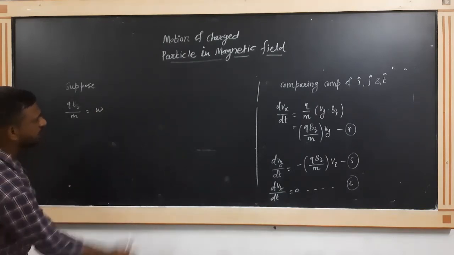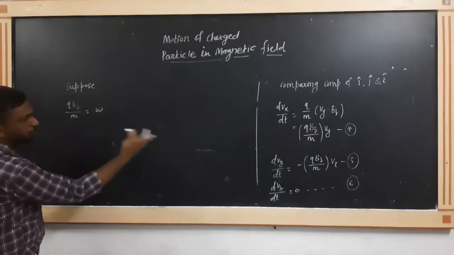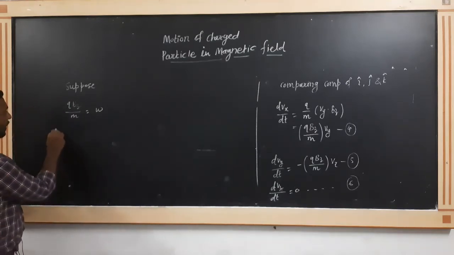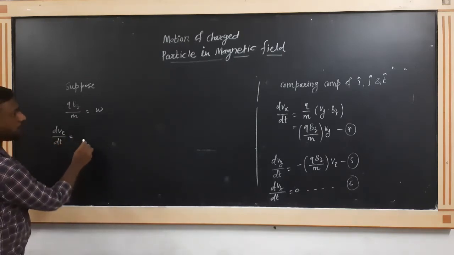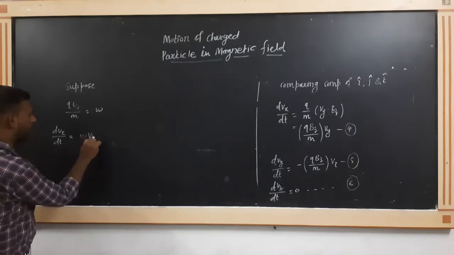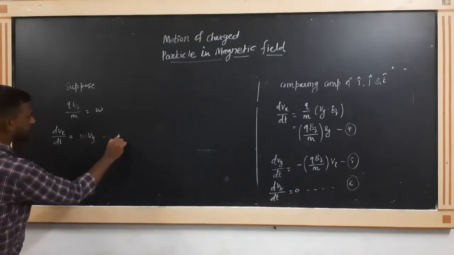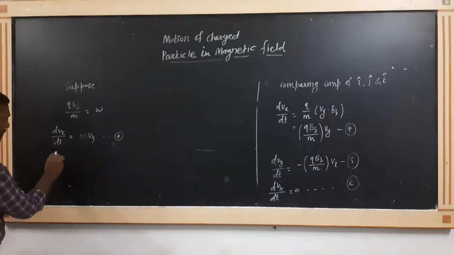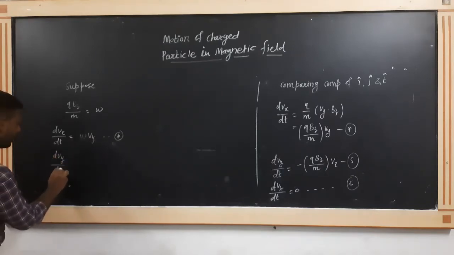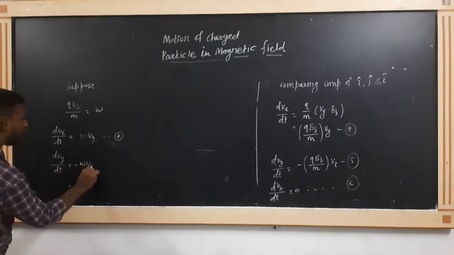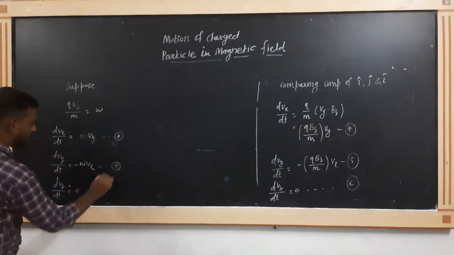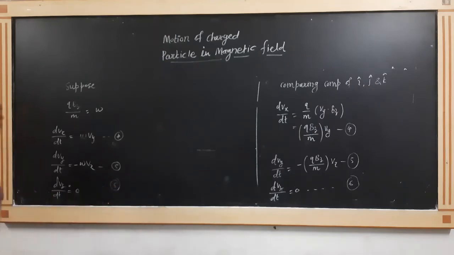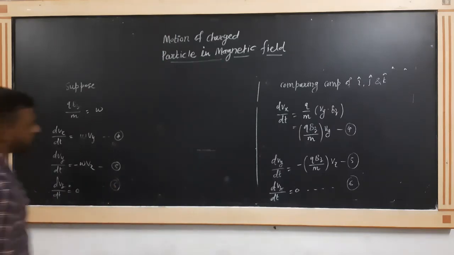So, rewriting equations 4, 5 and 6: dvx by dt is equal to omega vy. This is equation 4. dvy by dt is equal to minus omega vx, this is 5, and dvz by dt is equal to 0, this is 6. Okay, so this is all set.